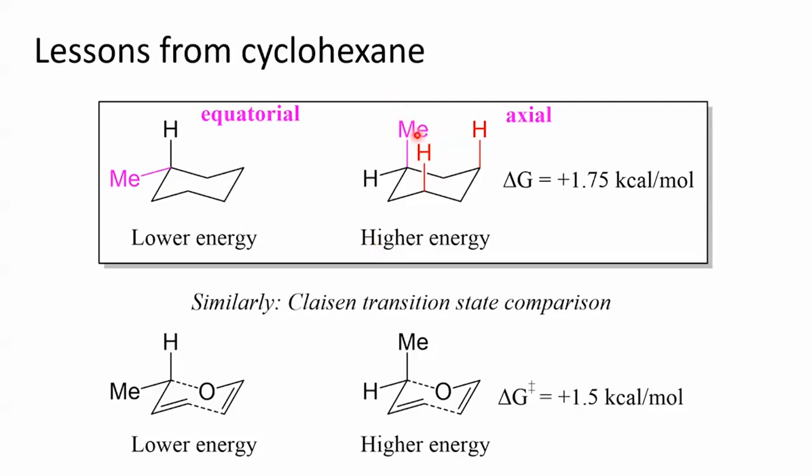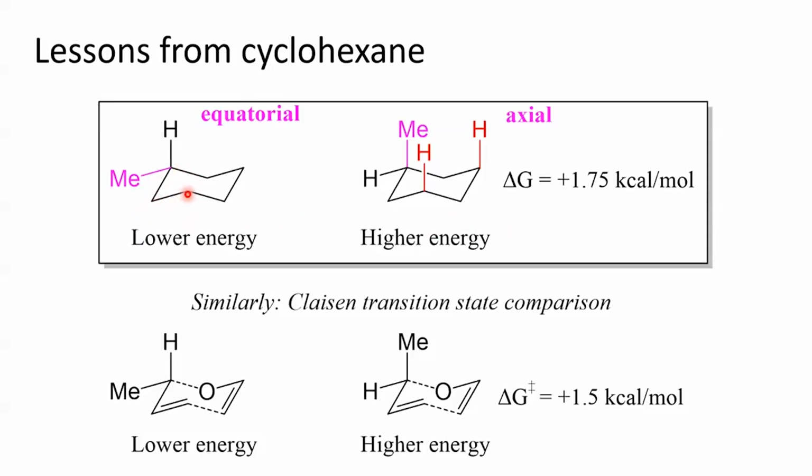When the methyl group is in the axial position, there will be some steric clashing with the hydrogens that are also in the axial position. So this conformation is 1.75 kcal per mole higher in energy than when that methyl group is in the equatorial position.